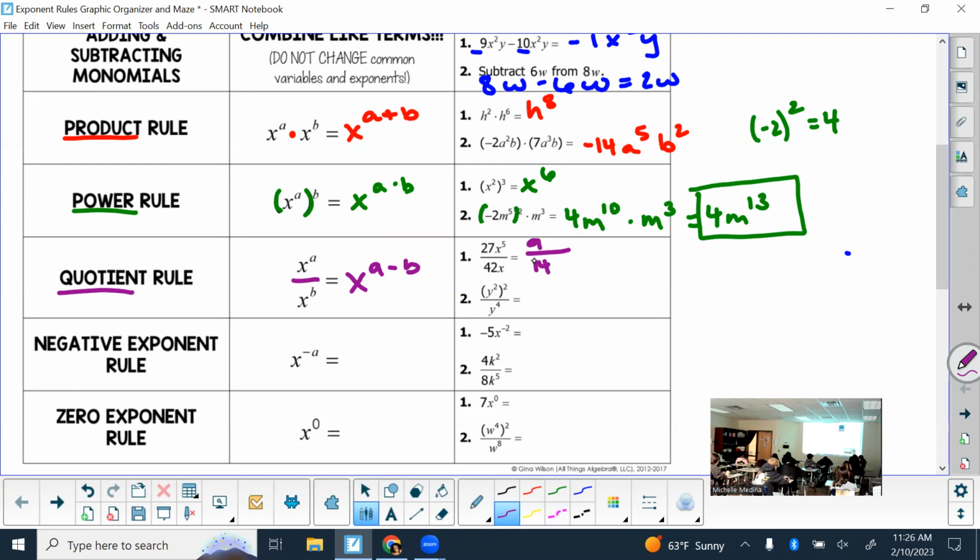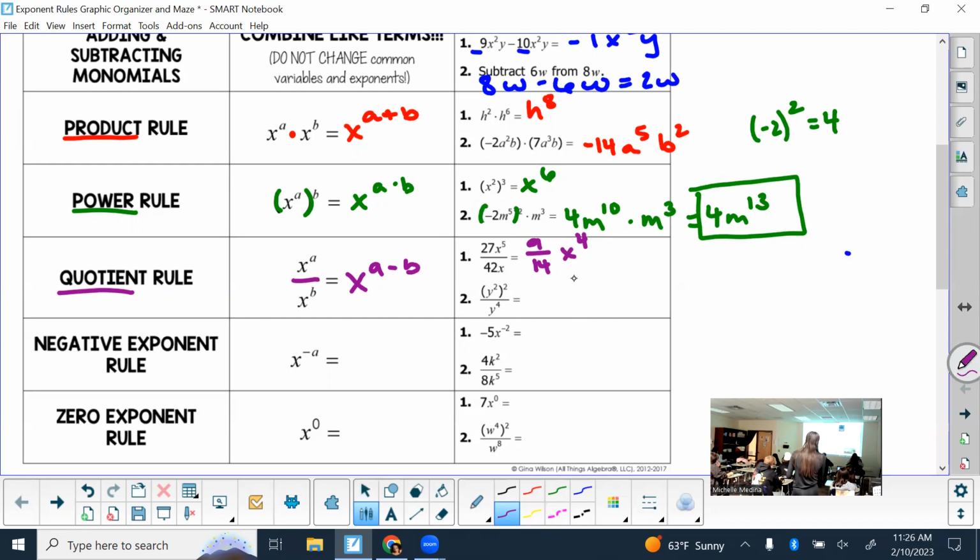All right, but with the variables and the exponents, you subtract. So what's going to be the new exponent on the x here? It's x to the 5th divided by x, we get x to the fourth, because if it's not written, it's 1. 5 minus 1 is 4.